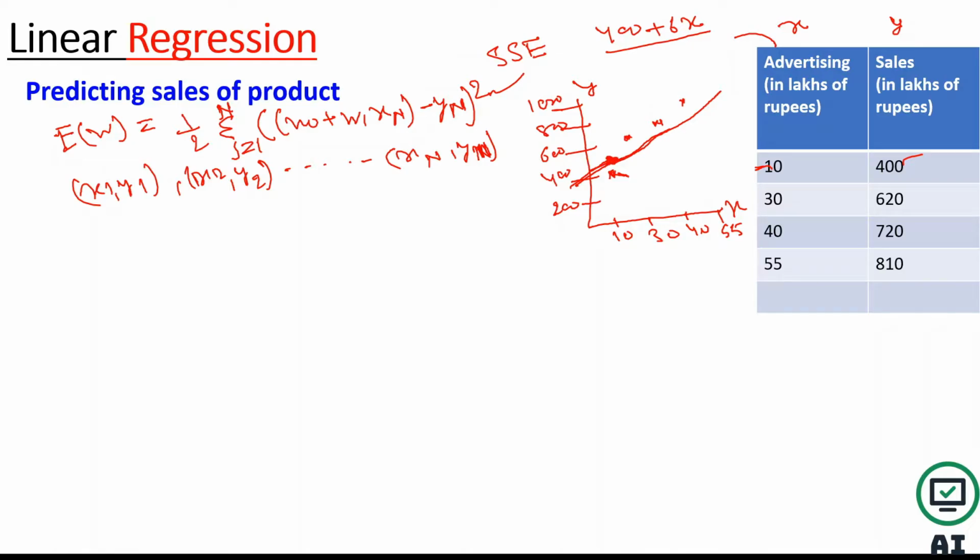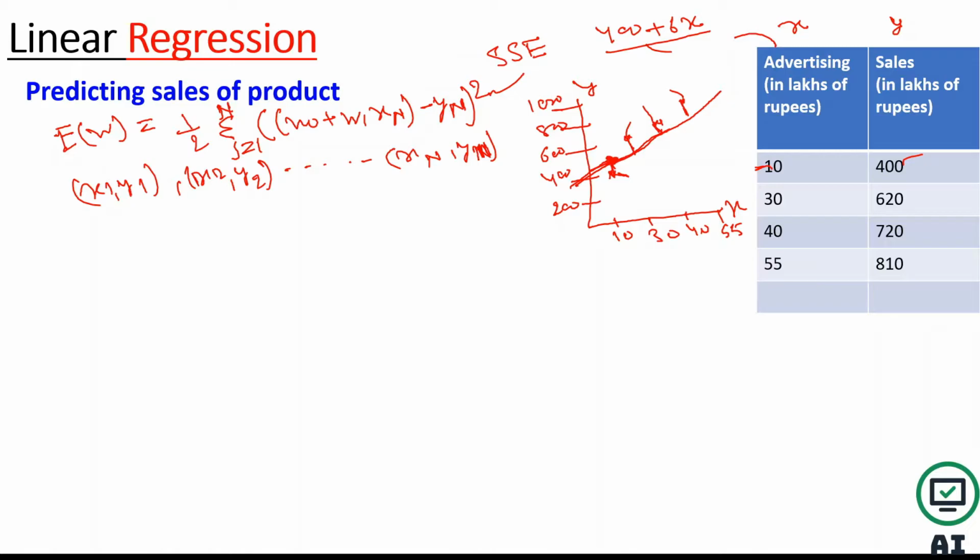This is the difference. All these are actual data points which are given to us, and the straight line which we have taken as an example, 400 plus 6x, is drawn here. This line gives for each data point one predicted value, and the difference between the predicted and actual is called error or loss.